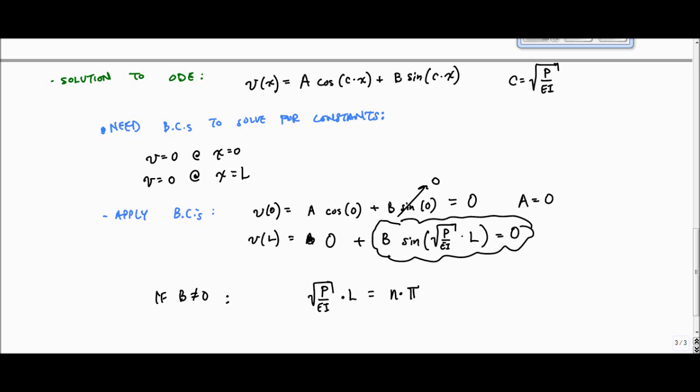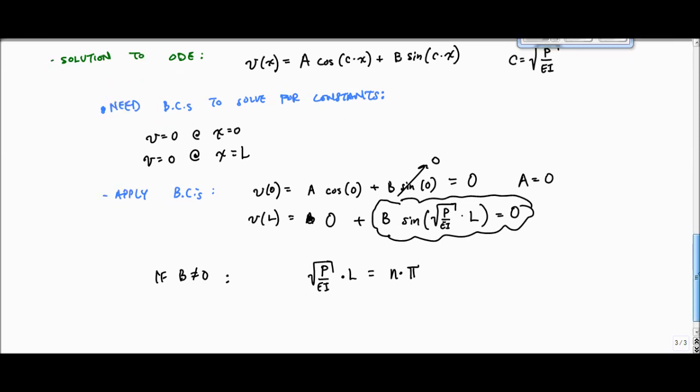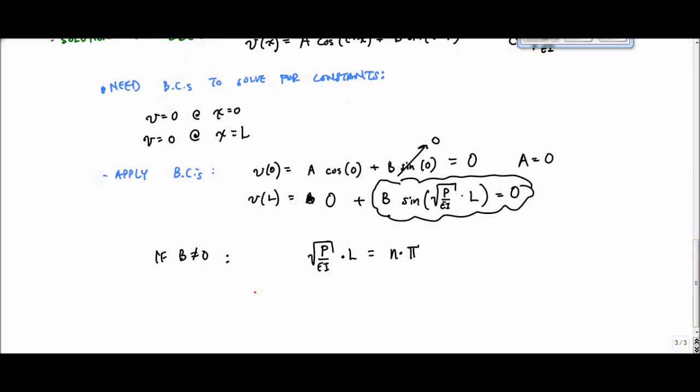And what this says is that now if I solve for P from here, I get that P is equal to, oh goodness, what does that look like? Does it look like something funky?